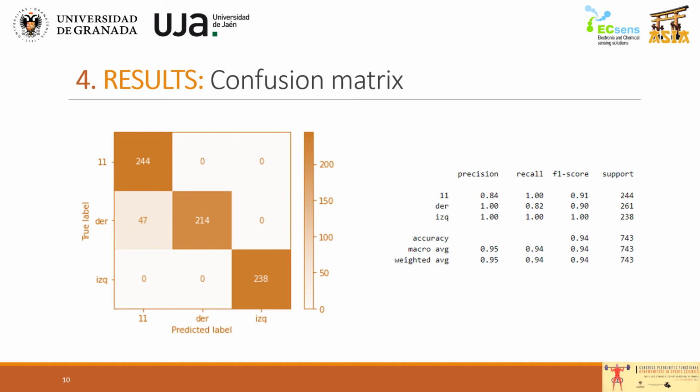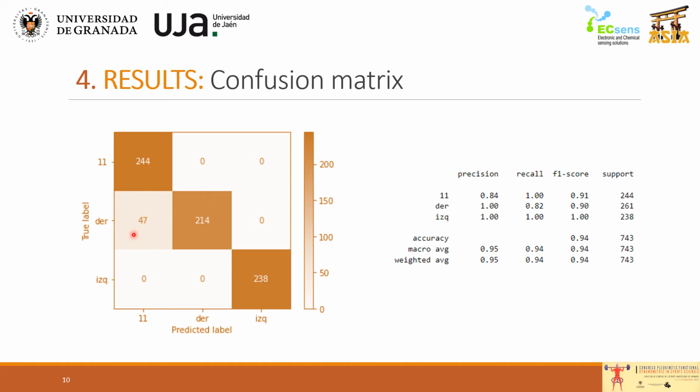Finally, in this slide we can observe the results obtained for the collected data after applying the classification algorithm. From 743 entries, 696 were correctly labeled by the model, which translates into a 94% correctness rate.